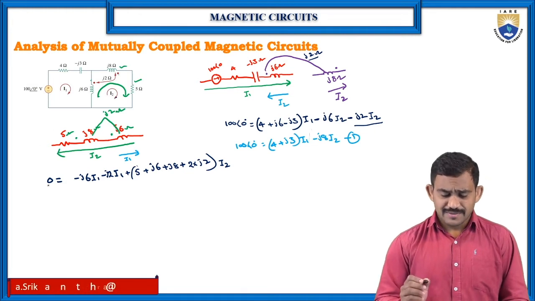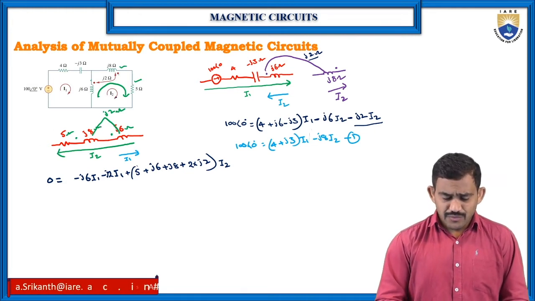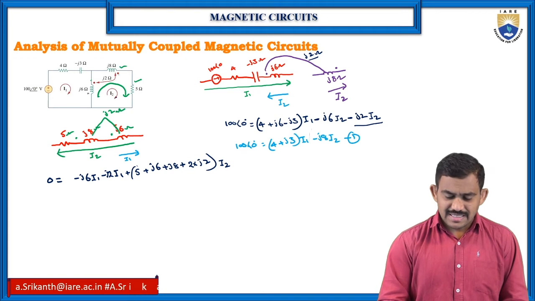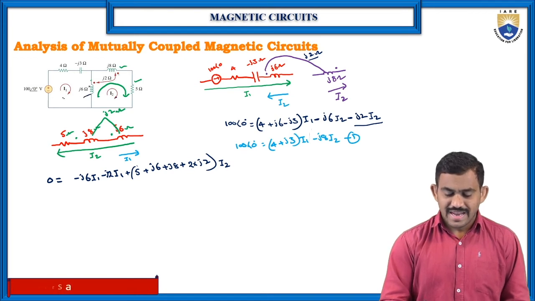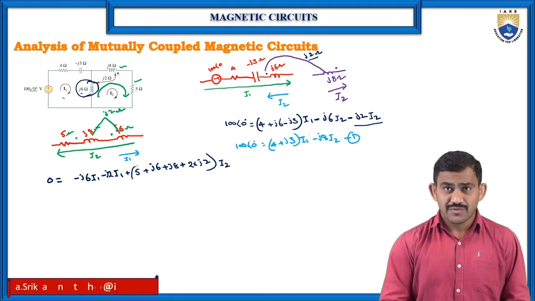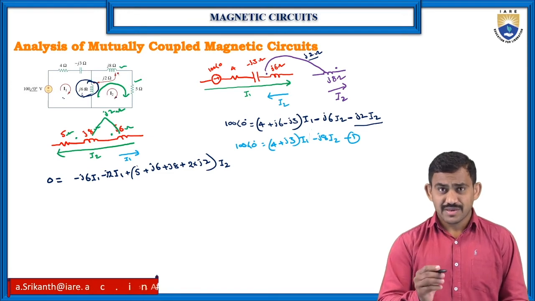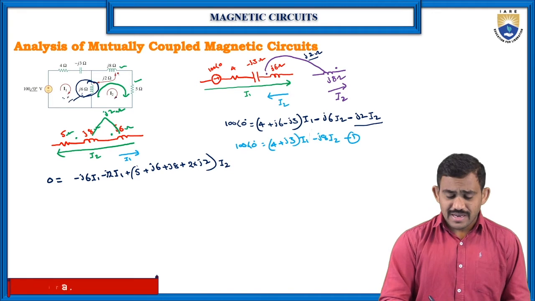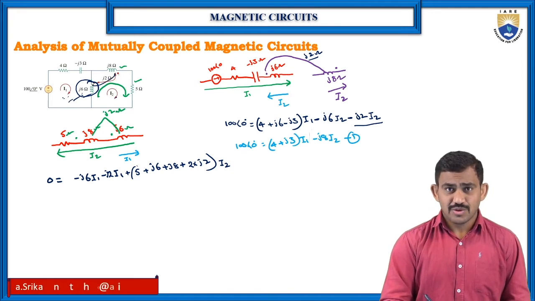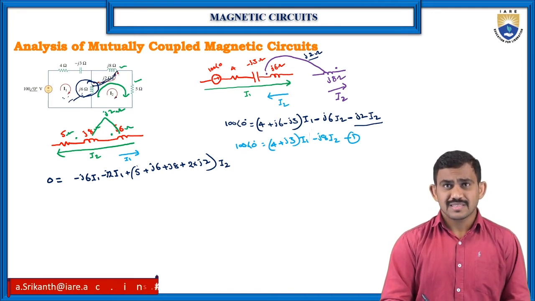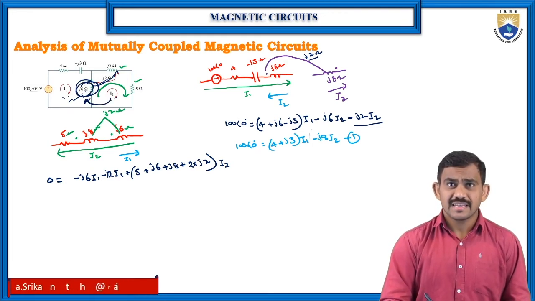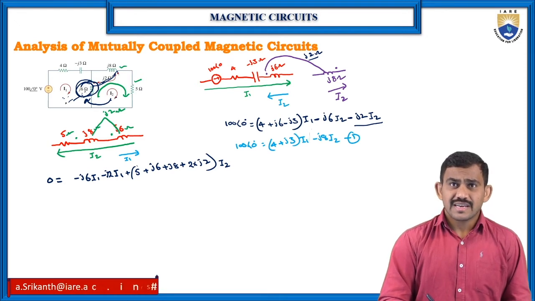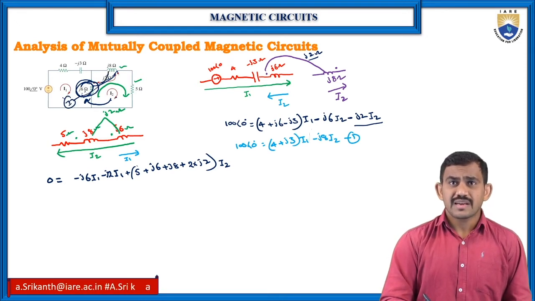So this is about the loop 2 equation. Let's observe: when 6J has I1 current, write the total value. Guys, remember, when you write one inductor's total value, it includes the inductor's own current value and the mutual current value also. So for the loop 2 equation, your 6J has I1 current and is mutually coupled with another inductor.